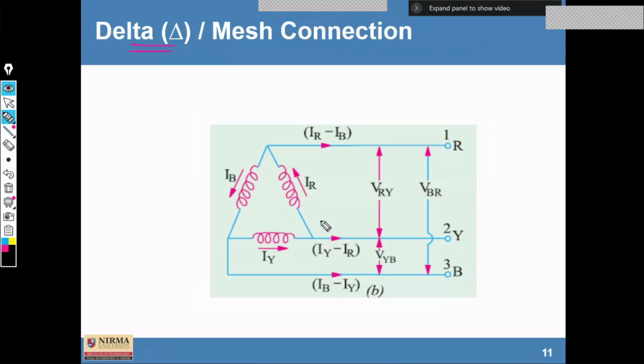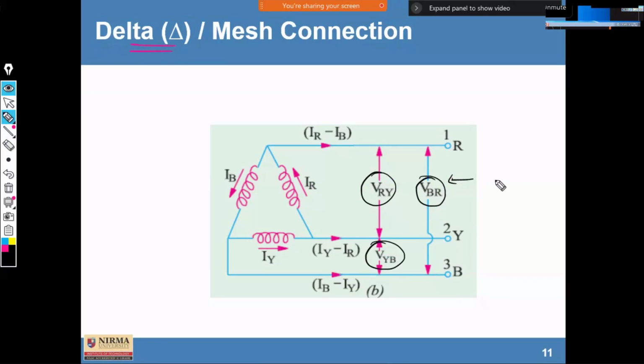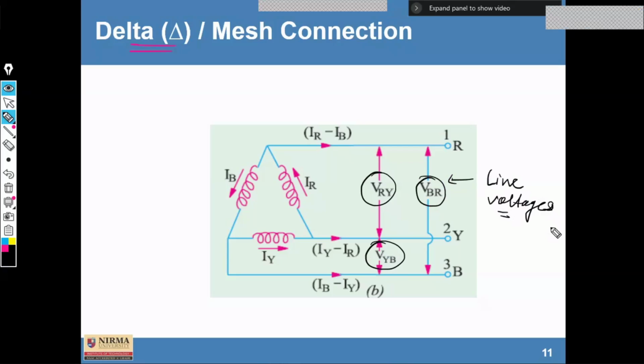Okay. So here, looking at the first instance, VRY, VBR, and VYB are line voltages. Clear? And here, the current flowing through this is the line current, IL. But at this point, the current is going to be divided.